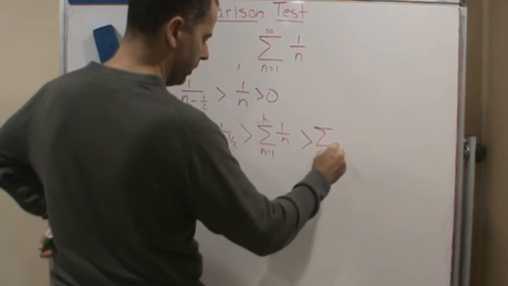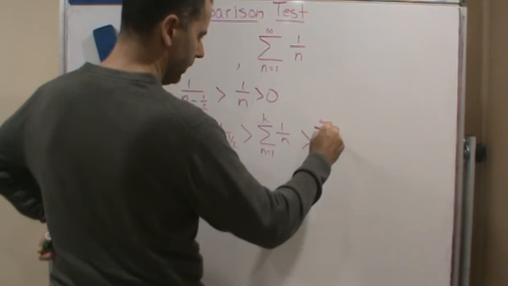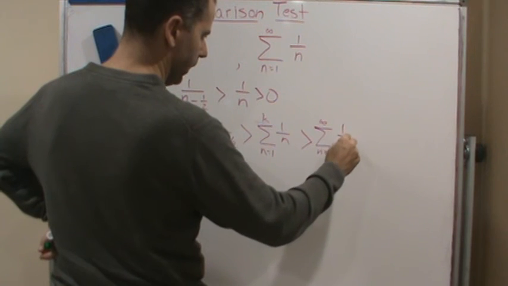The series from n equals 1 to infinity of 1 over n.